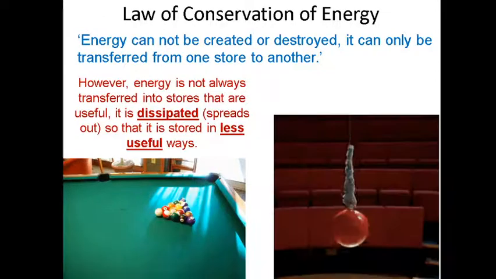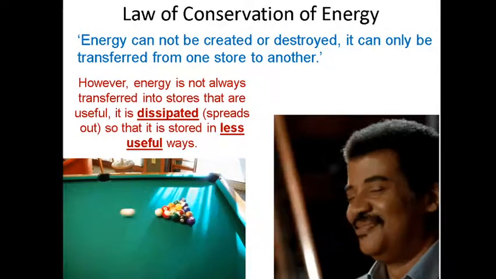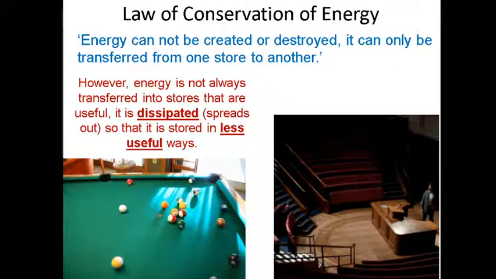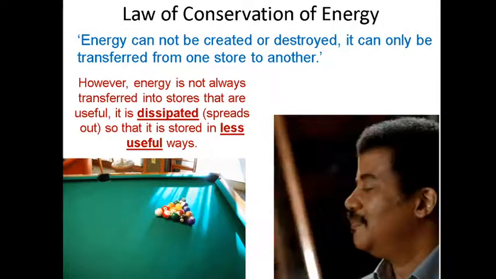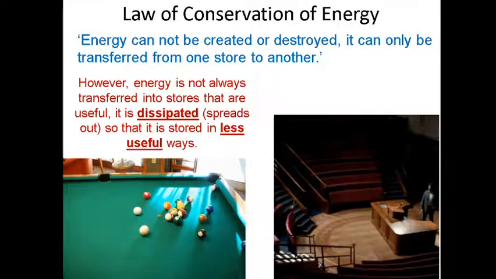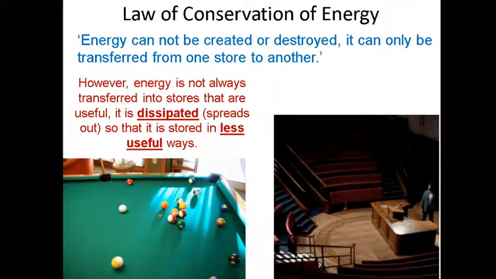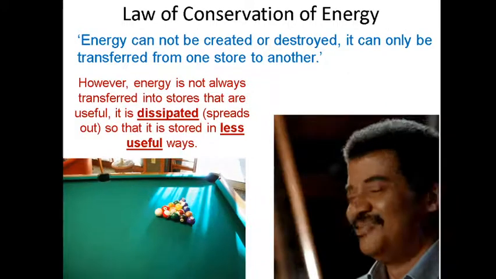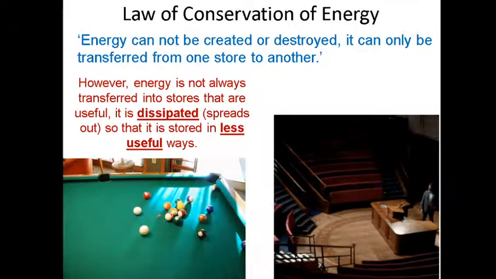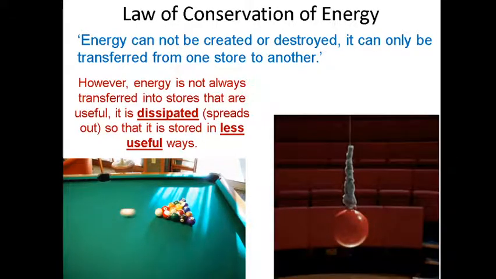And more often than not, it's going to be energy wasted by heating that's transferred to the surroundings because of the force of friction. So again, it's important to not get mixed up between energy types and forces. Friction's a force, but it causes energy to be transferred by heating, and then it's dissipated into the surroundings because of that.